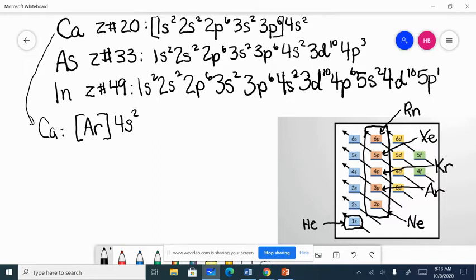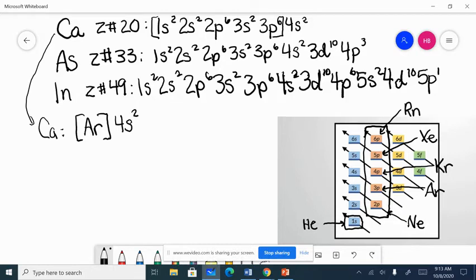Argon is 18, calcium is 20, so the core has to be fewer electrons than the atom. I can also double check that the electrons in brackets add up to 18, and they do. So all 18 of the electrons that belong to argon are inside these brackets, and I have to represent 2 more.